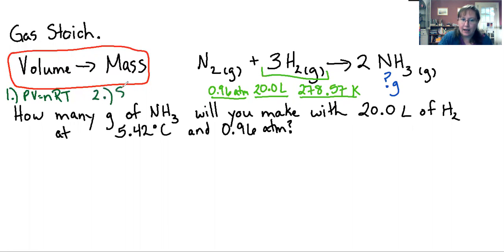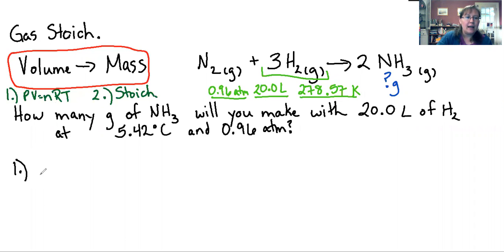And our second step is going to be stoichiometry. So let's start with that. In this case, we won't be solving for volume, we'll be solving for n, number of moles. That's always going to be our middle point. We're either using the ideal gas law to solve for n, or we're using stoichiometry to solve for n. But either way, we're looking for moles.